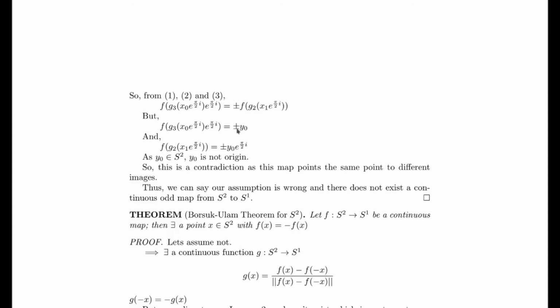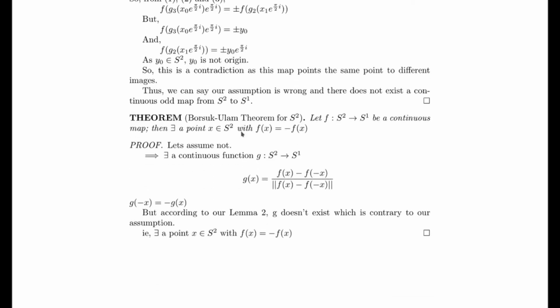As y0 is in S2 and y0 is not the origin, these cannot be the same. So this contradicts our assumption, and therefore there does not exist a continuous odd map from S2 to S1.